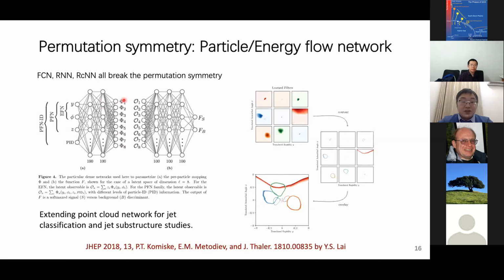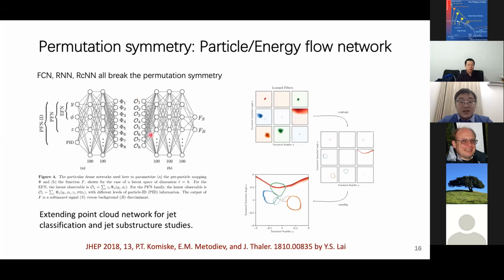Afterwards, one uses a permutation symmetric operation, for example the maximum or average, to compute a new observable O1, which takes the correlation between different particles for this phi1. So these features actually learn the correlations between different particles in high-dimensional latent space.